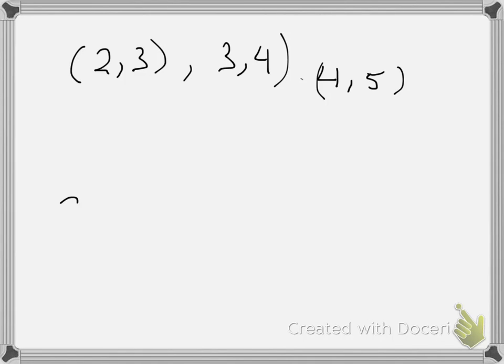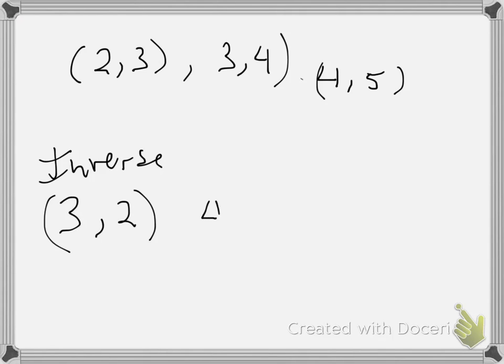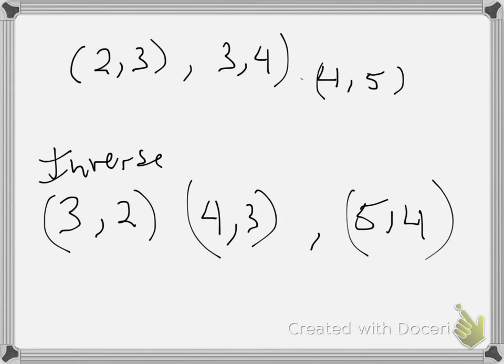Our inverse would be 3, 2, 4, 3, 5, 4. Okay. Good. All right. So all we did is we switched the domain and the range values. In the next video, we'll talk about the graphs of these things, and we'll see kind of how they're related.